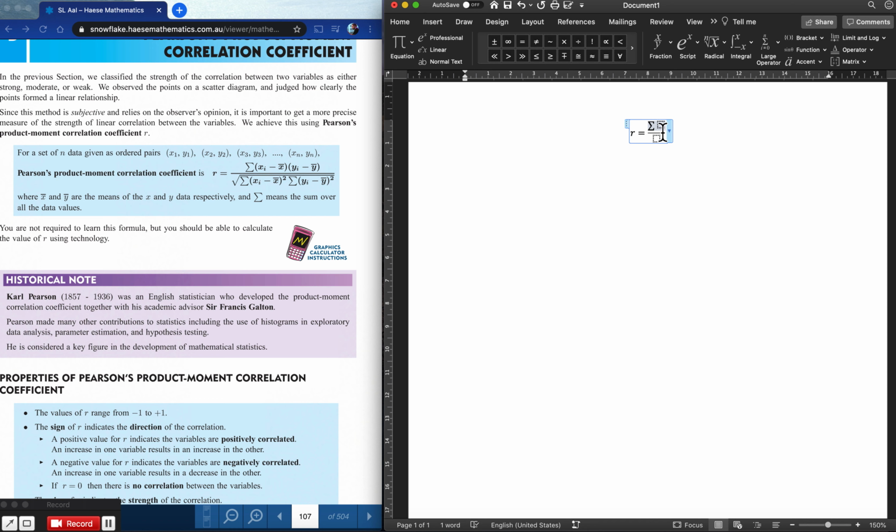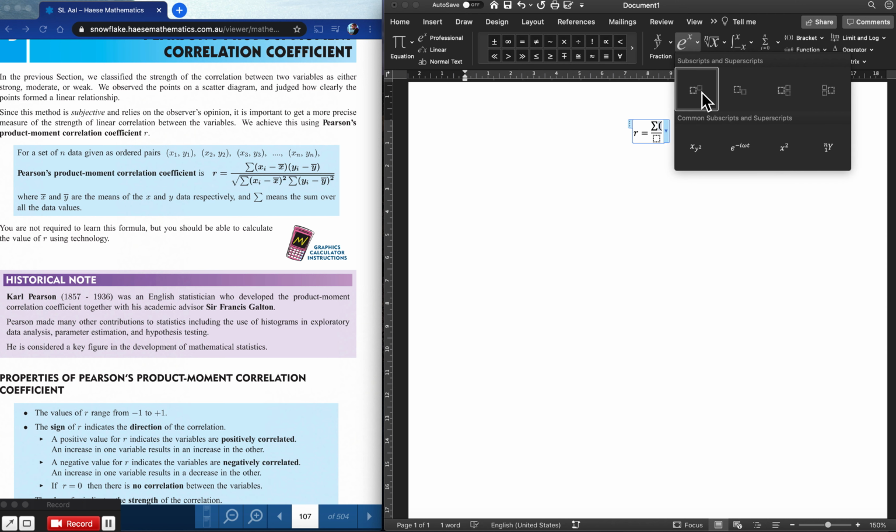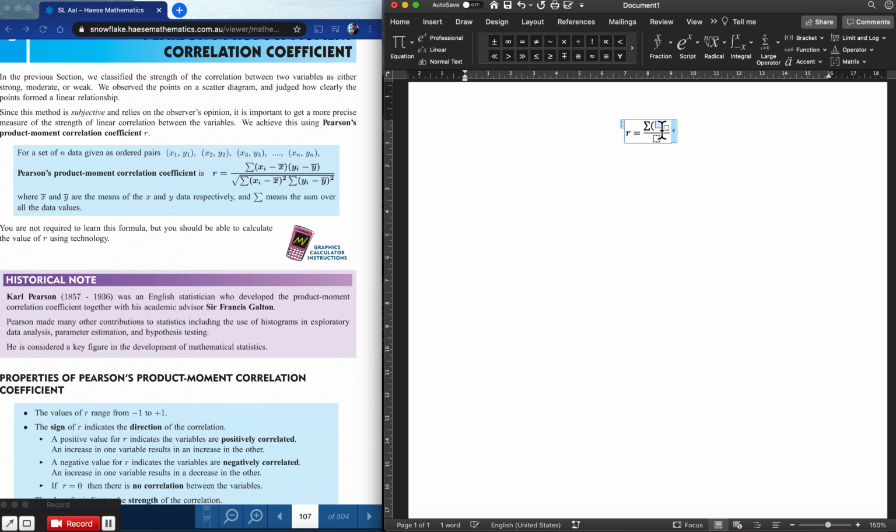Have a parenthesis here. So I'm going to enter a parenthesis. Then I have x i, which is this one. So x i minus, I have x bar, which is the mean.